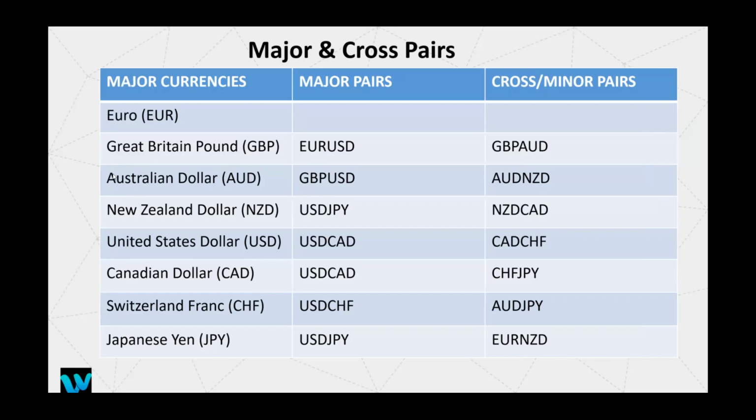The next one in this regard is AUD. AUD is going to be a base currency against all these ones, except euro and GBP. Next one is the New Zealand dollar, and it's going to be a base currency against these four, apart from the three above. USD is going to be the next one. It's going to be a base currency against all these, apart from the above.